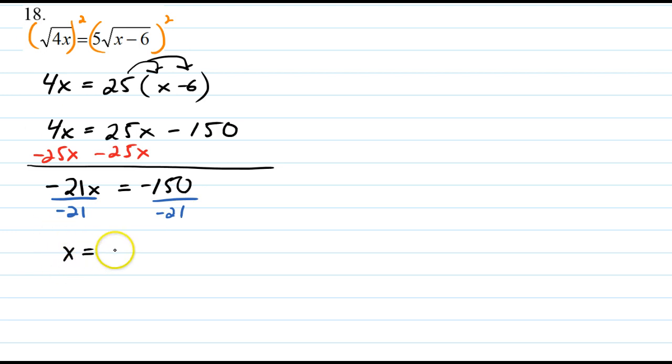And we get x equals negative divided by negative gives us positive. And you can reduce by 3, so you get 50 over 7. So now you can take that 50 over 7 and plug it in to see if the left side is going to equal the right side.